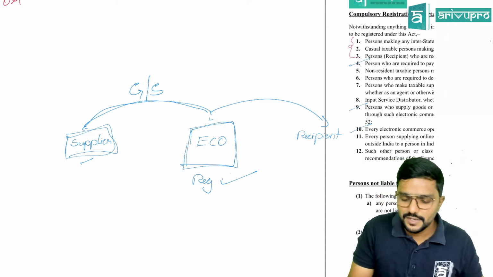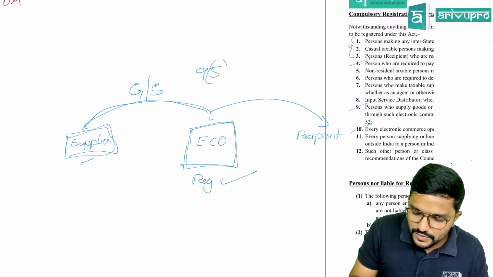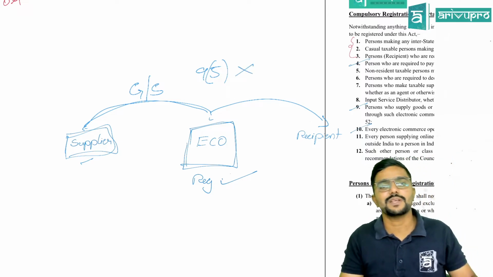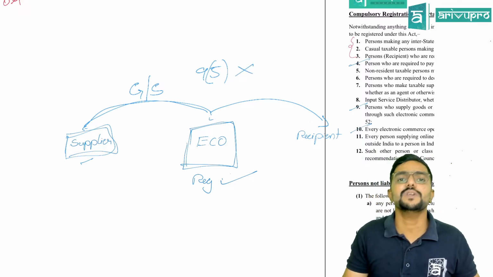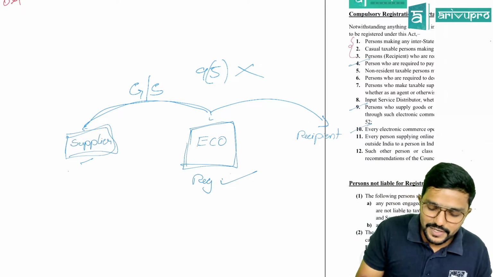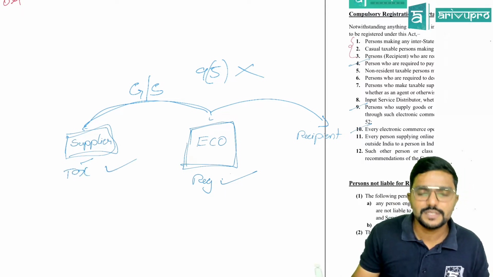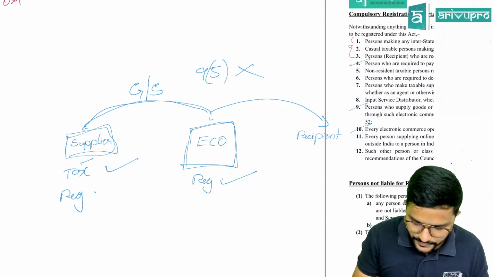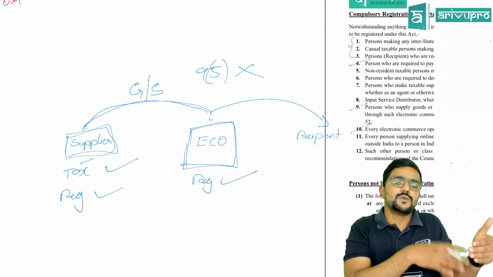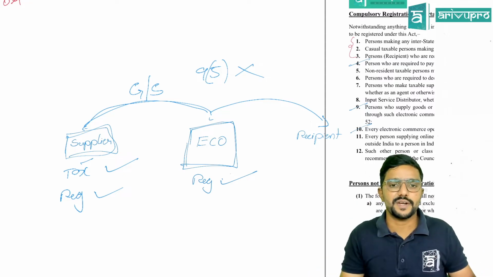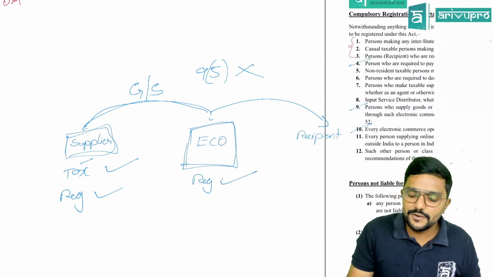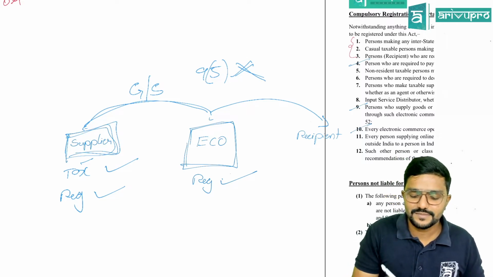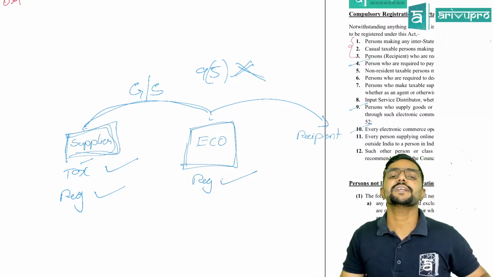And on that, 9(5) is not applicable. So if 9(5) is not applicable, who is liable to pay tax? Supplier. And they're telling you should get registered under GST. So the person supplying goods or services through an electronic commerce operator, on which 9(5) is not applicable, who should get registered? Supplier should mandatorily get registered under GST.